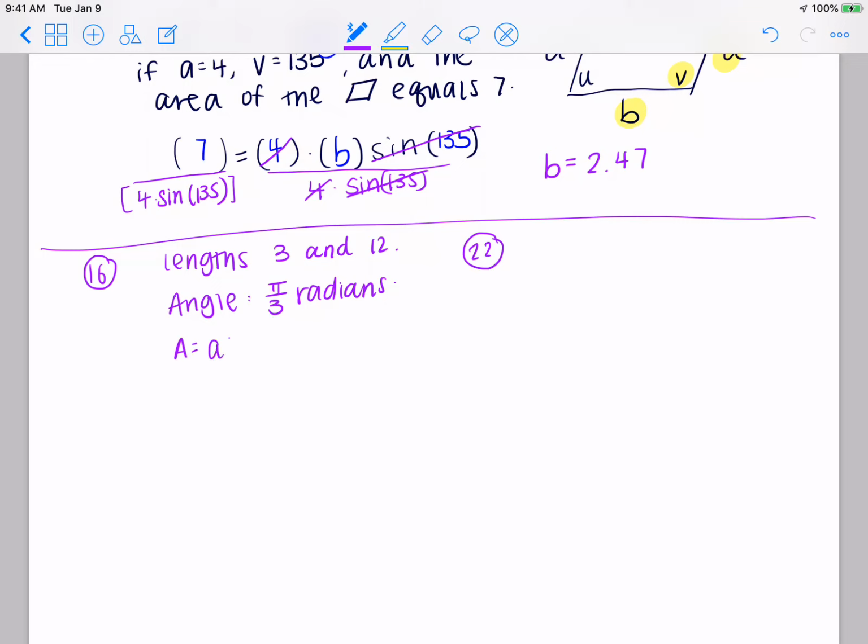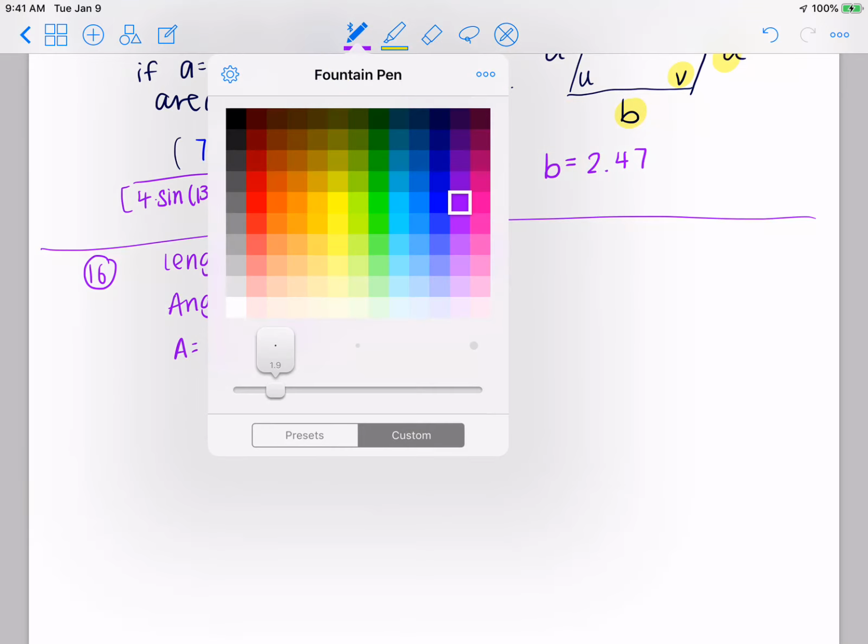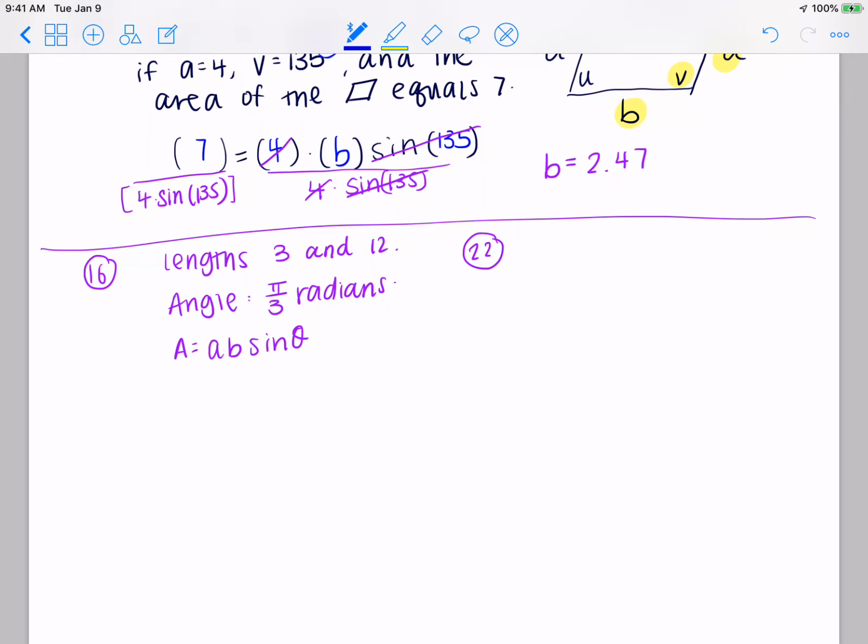If I have to rewrite my formula, A equals ab sine theta, let's substitute our information in there. We got our 3 and 12. The question is asking to solve for area, so we're just going to put the A there. And then sine theta is pi over 3. It's in radians, so make sure you put your calculator in radian. If you put everything in your calculator, you should have gotten 31.18.